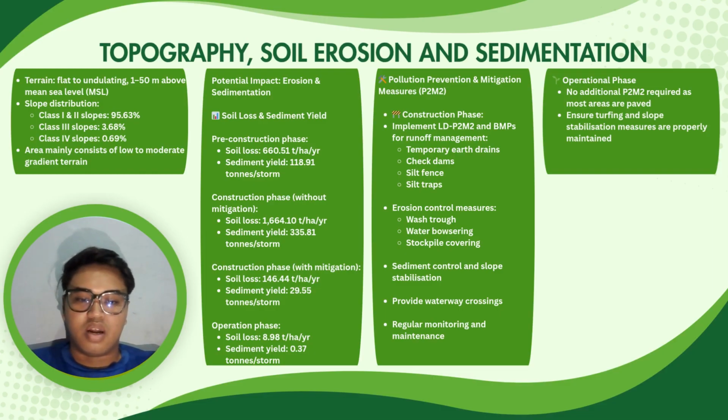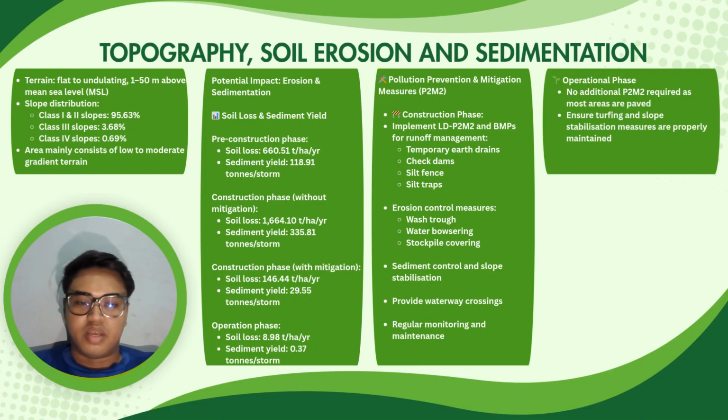The slope conditions are mostly gentle, where class 1 and 2 slope dominate at 95.63%. Meanwhile, class 3 slope make up 3.68% and class 4 slope only 0.1969%, indicating that the area is mostly low risk in terms of steepness.